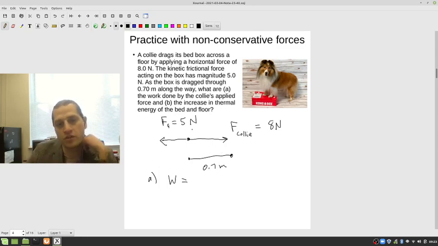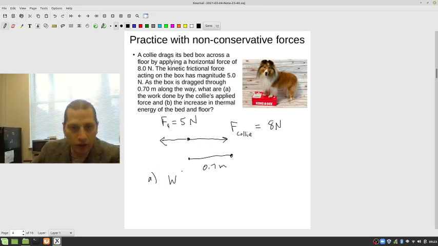The force of friction is doing negative work because it's pushing opposite the direction. Positive work from the collie, negative work from the force of friction. The negative work is causing the thermal energy of the bed and floor to increase. So the energy is going out of the box, it's going into the floor, heating up a little bit.